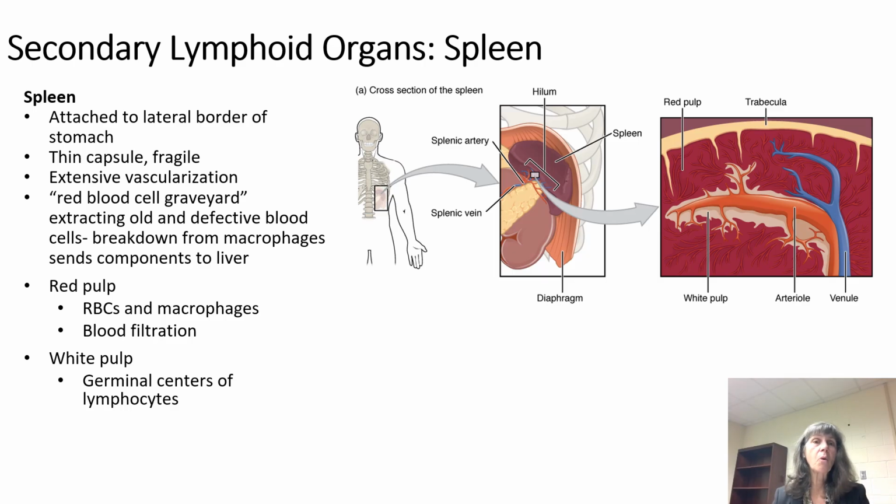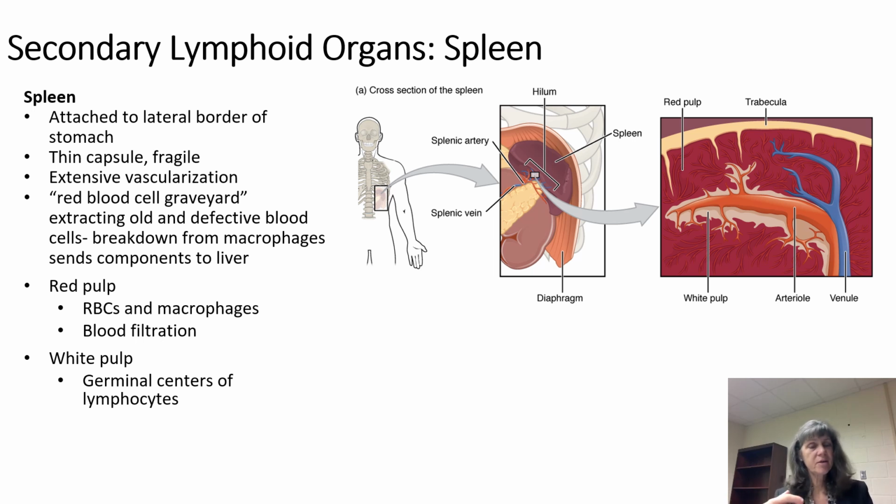But even more importantly, the spleen is going to serve as an area for cleansing blood, because this is a site where old or defective red blood cells are going to be broken down by macrophages.